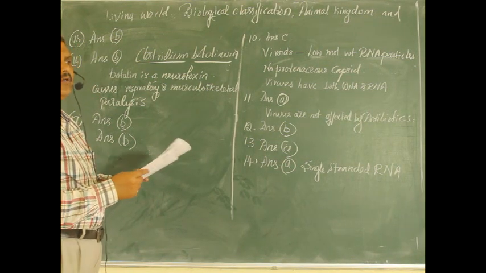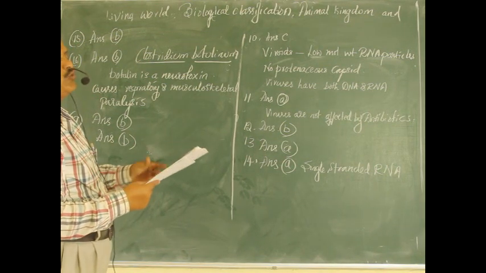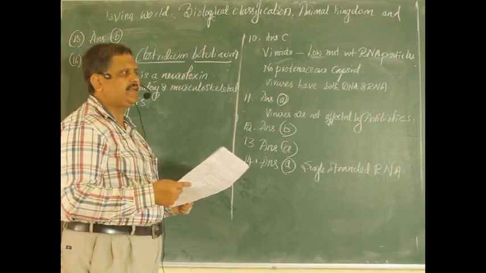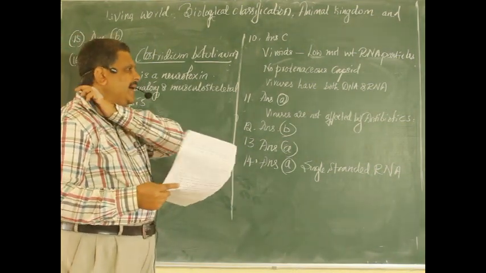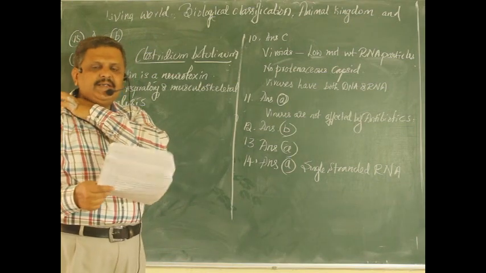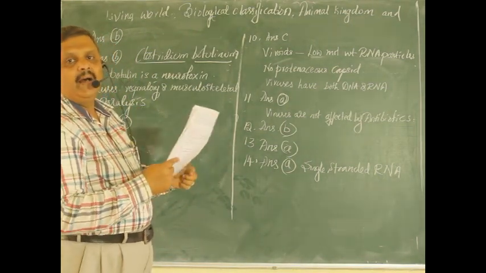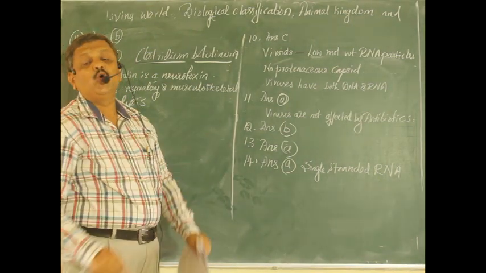Symbiosis. What is symbiosis? Symbiosis is mutual association between two organisms. For example, hermit crab and sea anemone association.